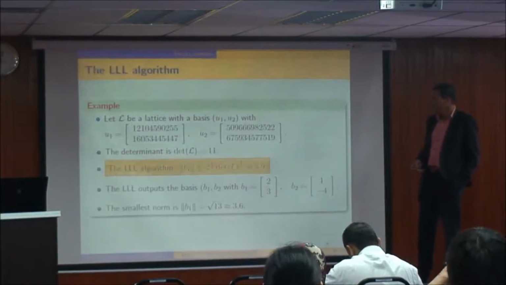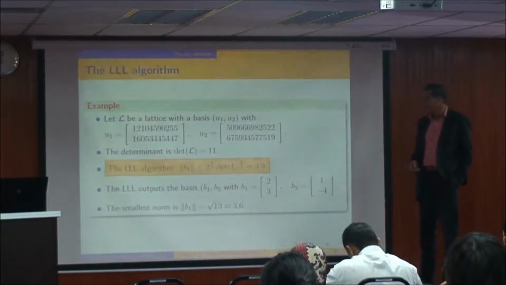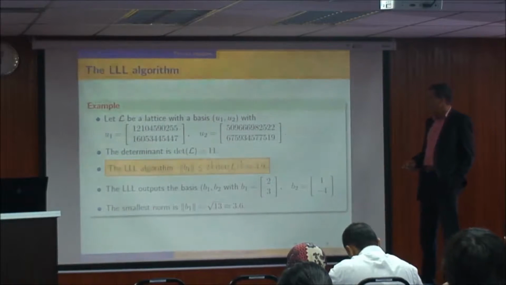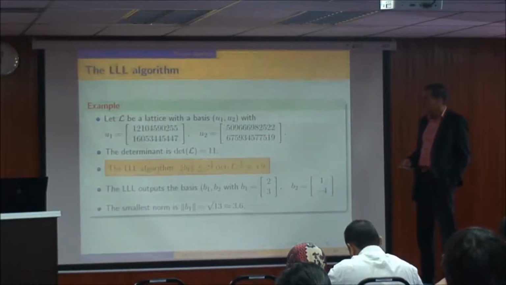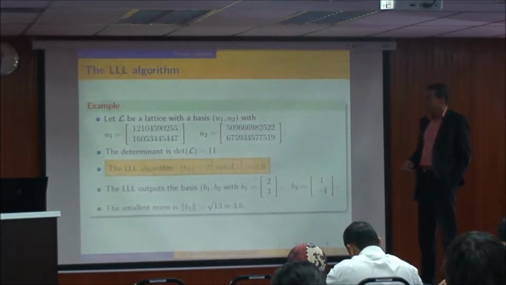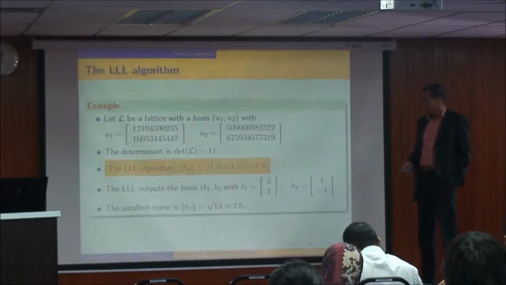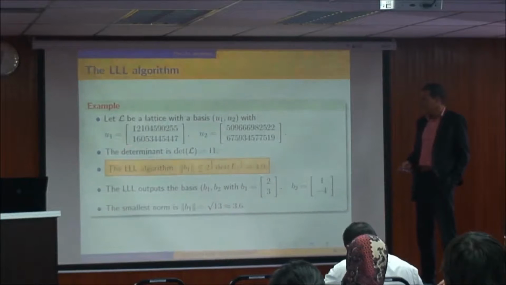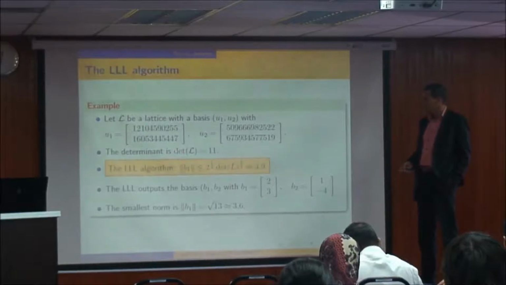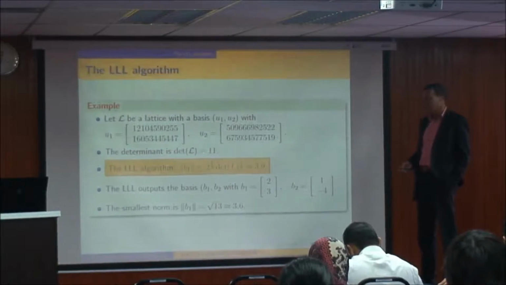So this is a numerical example for the LLL algorithm. We have a lattice L with basis U1 and U2. You can see that U1 and U2 are large, and when you compute the determinant of the lattice, you find that it's very small.